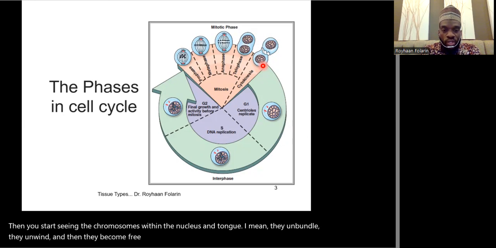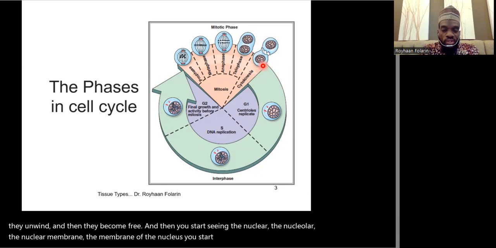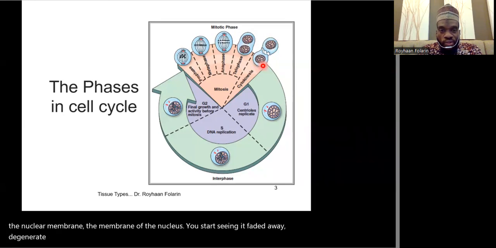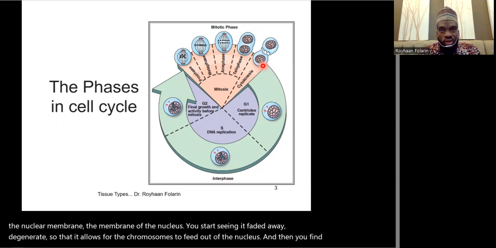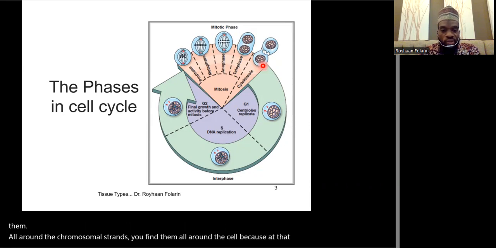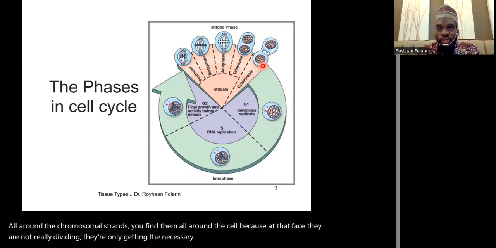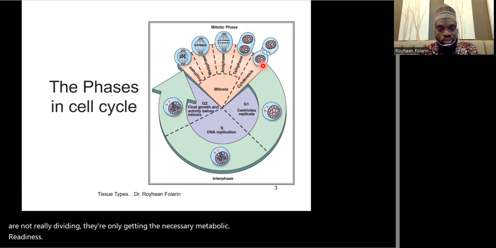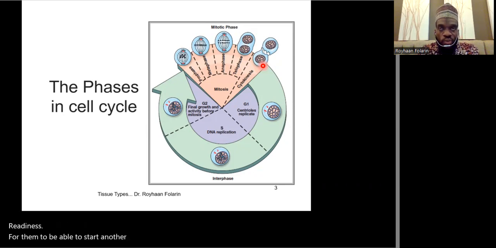You start seeing the nuclear membrane, the membrane of the nucleus, fade away and degenerate, so that it allows the chromosomes to move out of the nucleus, and then you find them all around the cell, because at that phase they are not really dividing; they are only getting the necessary metabolic readiness to be able to start another mitotic division when the time comes.